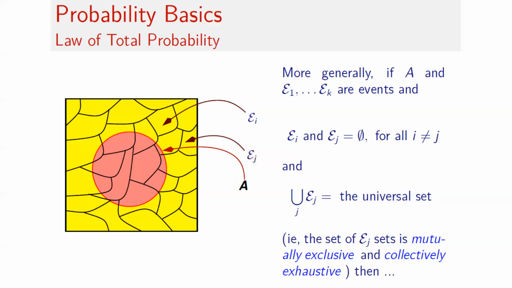So we can say that it's an empty set for everything that is not equal to j, and the union of all the events epsilon is the universal set. And we typically say that the set of epsilon sub index j is mutually exclusive and collectively exhaustive.